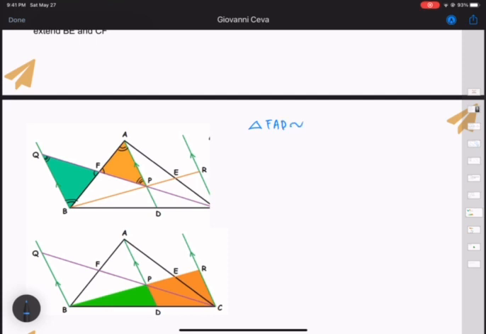So triangle FAP is similar to triangle FBQ, so AF divided by FB equals AP divided by BQ.